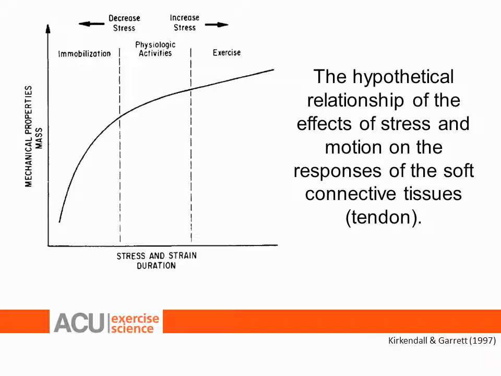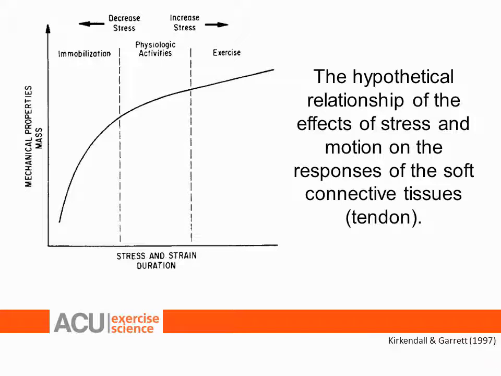So as with any other tissue in the body, tendons are sensitive to use. The more it undergoes stress and strain, the more the body will repair, and it will increase its mass and size of that particular tissue, and vice versa. If you have immobilization, then the tendon tissue can reduce. And this is a graph or a representation of that visually of the mass of the tendon.